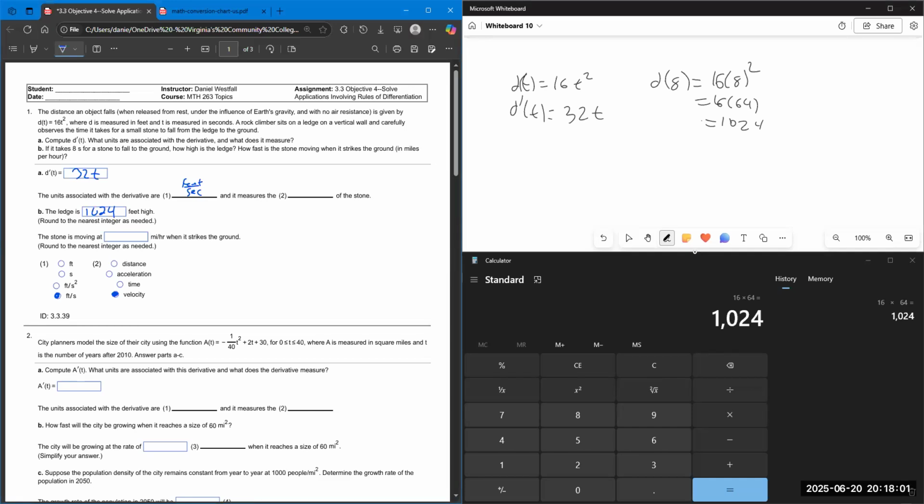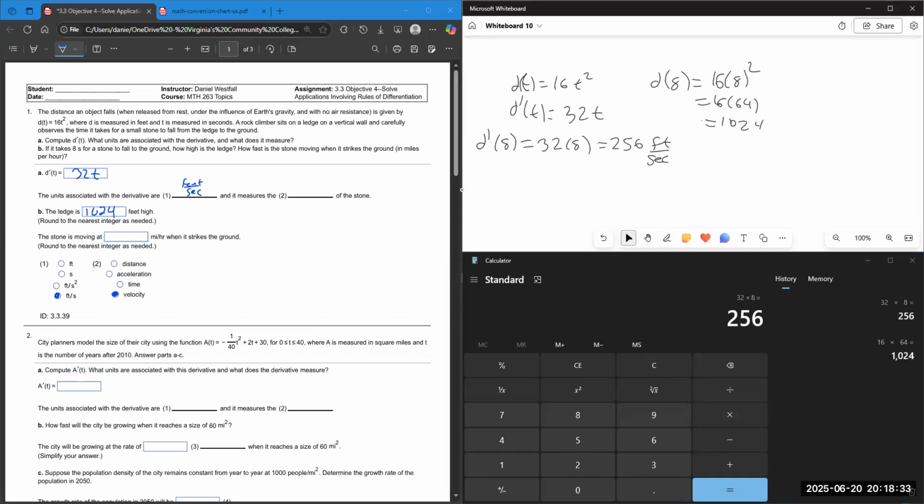And then they ask us for the speed of the stone in miles per hour, not feet per second, when the stone strikes the ground. So d prime of 8 is going to be 32 times 8. It's going to be 256, but this is feet per second.